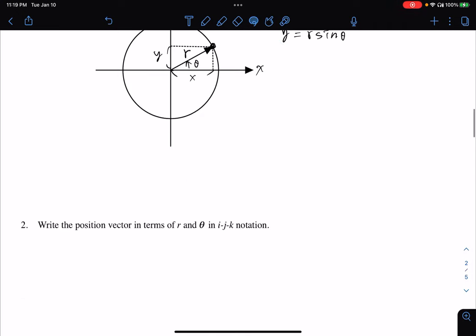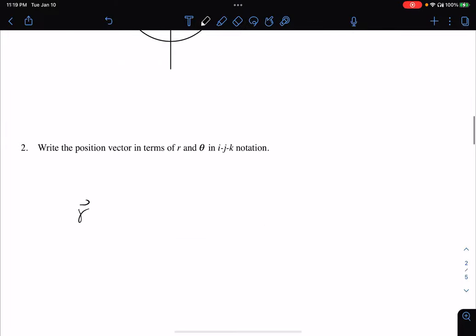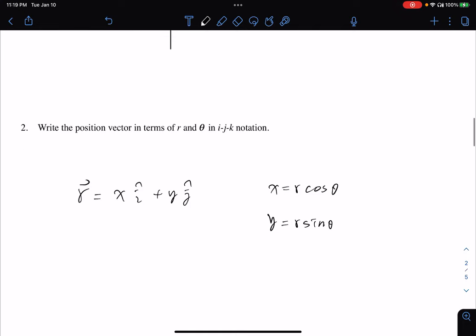The position, which is a vector, will be the x location in the i component plus the y location in the j component. We already know that x and y can be expressed in terms of the radius and the angle theta. So the position will just be r cosine theta i plus r sine theta j.